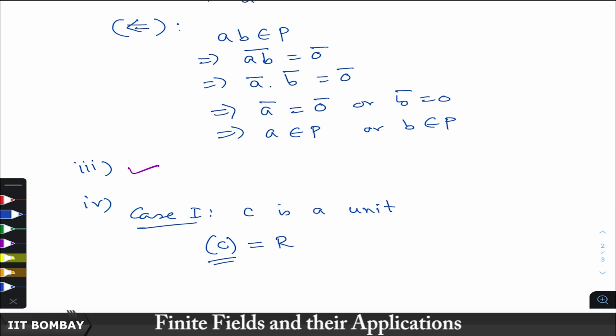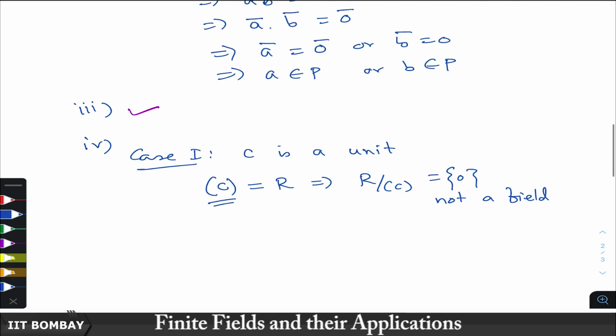So, 1 will be in this ideal, and that means the ideal is the full ring R. And that means that R by C is R by R, which has just one element, and that is not a field. So, if C is a unit, R by C is not a field.